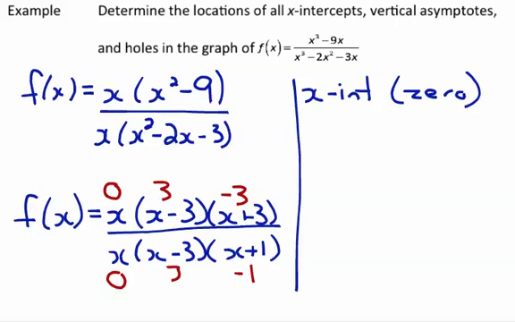Will not give me an x-intercept. Same thing with my 3's. If I substitute in a 3, I'll have a 0 on the top and on the bottom. But if I substitute in a negative 3, that will give me a 0 on the top and not a 0 on the bottom. So I have an x-intercept at negative 3.